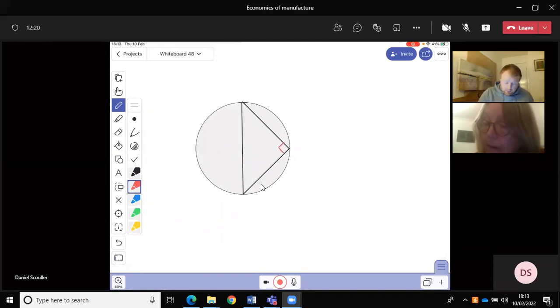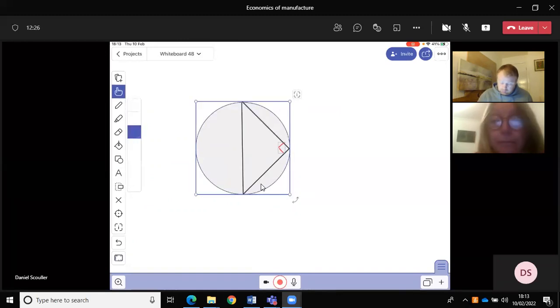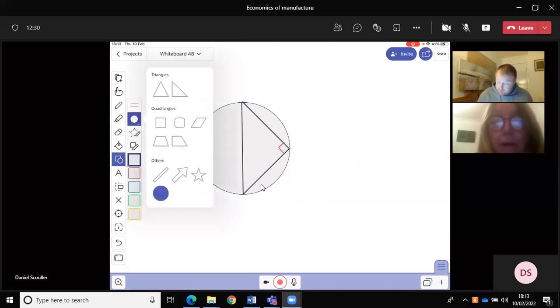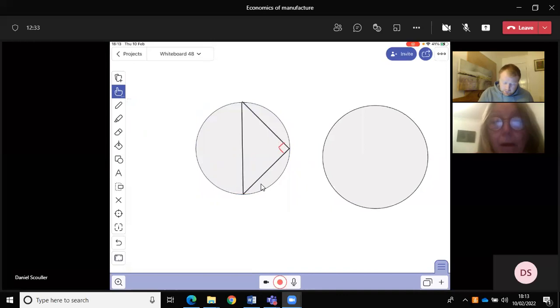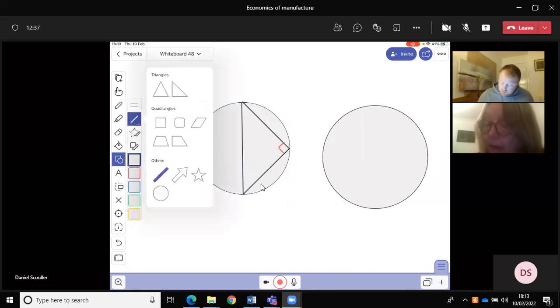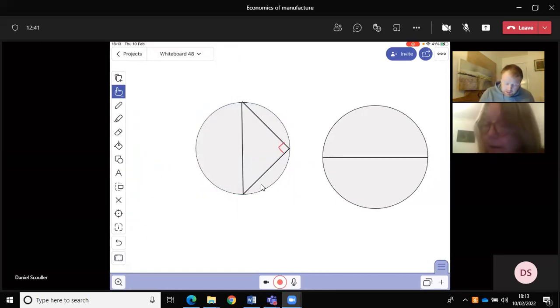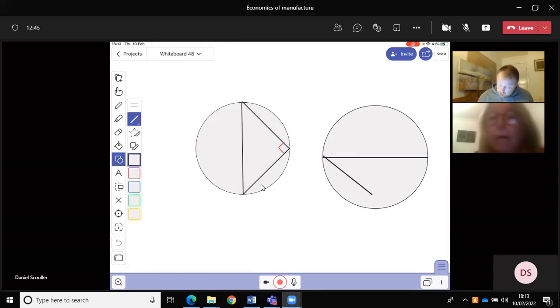So if I remove those lines, I thought that would be a wee bit easier than that. If I redraw that circle, and I have the diameter, so going through the centre, and I've got two lines coming from that.